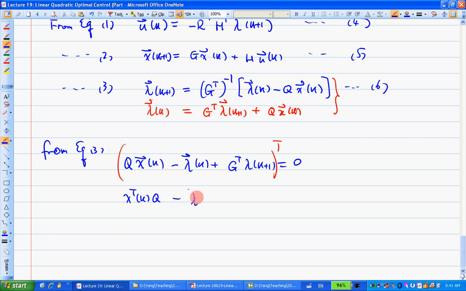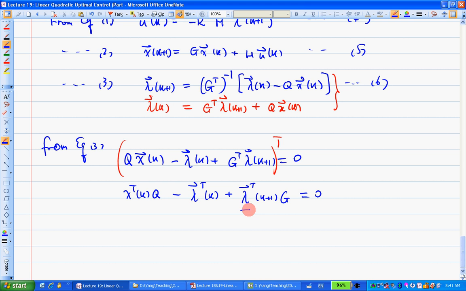And this is lambda transpose. And this guy here, transposed, becomes lambda transpose first, and then g transpose. Now you have this lambda transpose of k plus 1 and g here. So basically the lambda transpose g equals, moving everything to the other side, this.